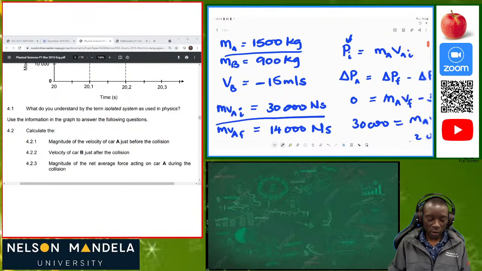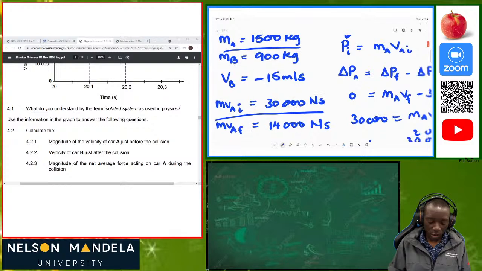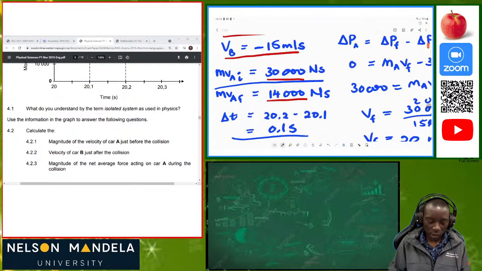So here we took all the quantities that are given in the question: the mass 1,500 for A, 900 for B, the velocity minus 15 meters per second, then the momentum initially 30,000 and after collision 14,000, and the time when momentum changes, 0.1 seconds.